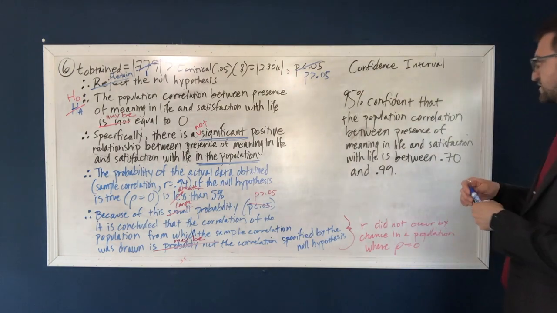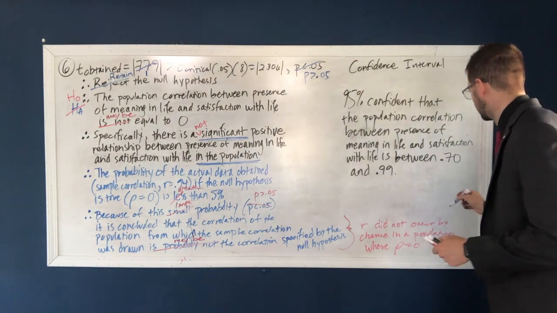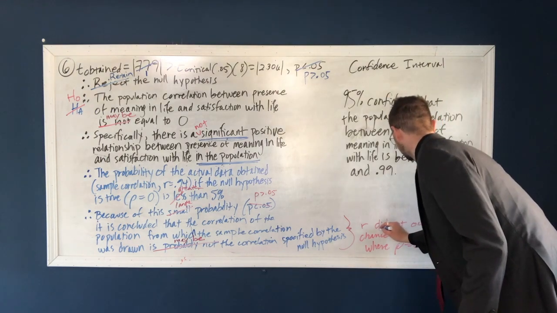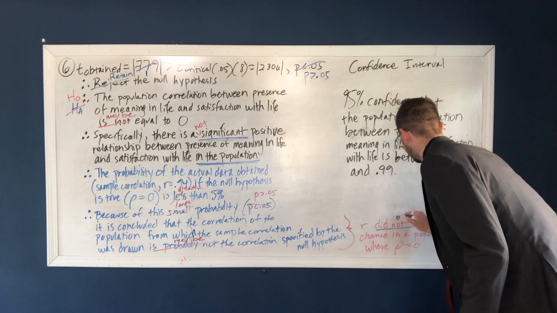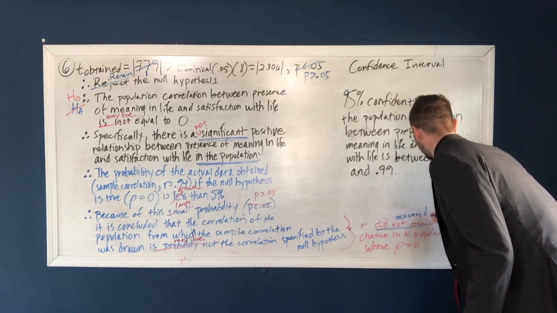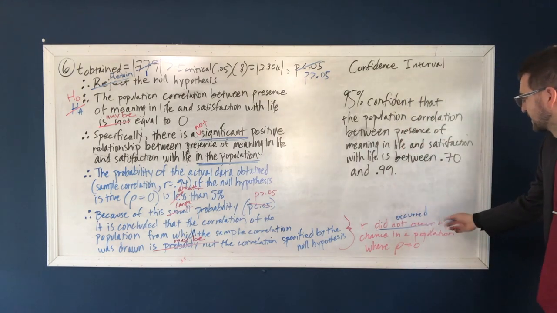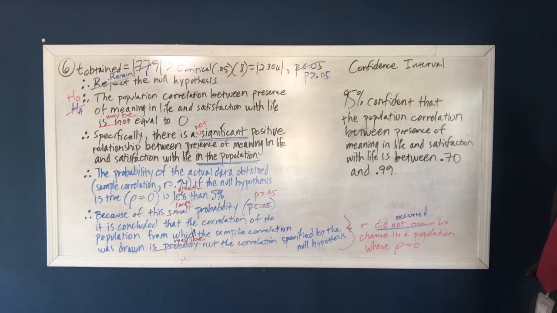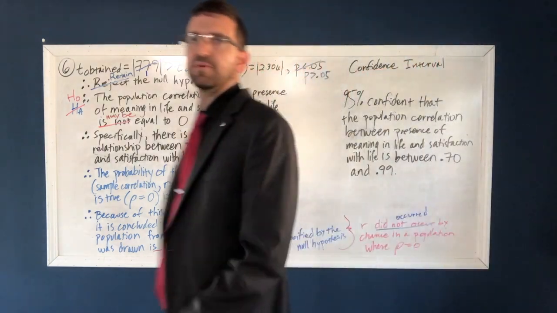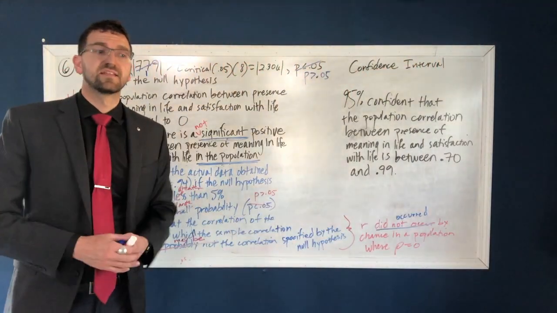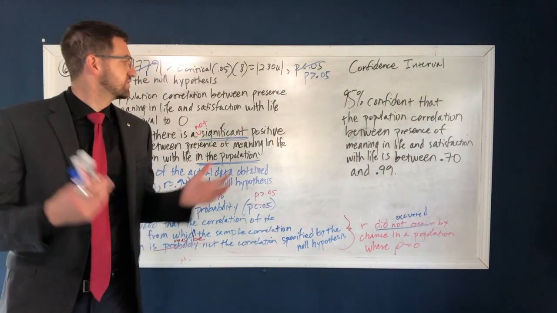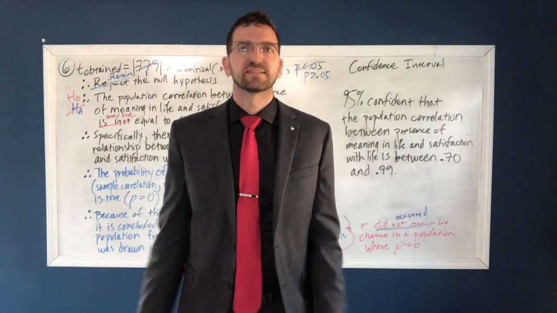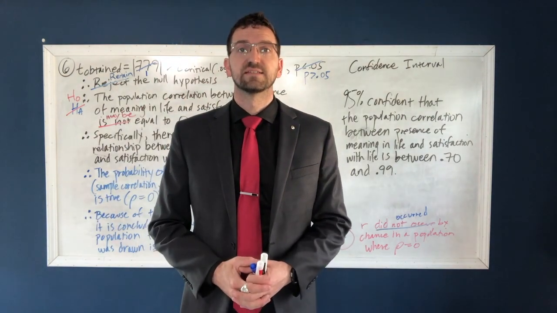And then here it would change to R occurred by chance in a population where rho equals 0. Okay, so that's what it would look like if you retain the null hypothesis. So we're done with t-test to test the difference between rho and 0. Next time, we're going to cover one sample t-test.